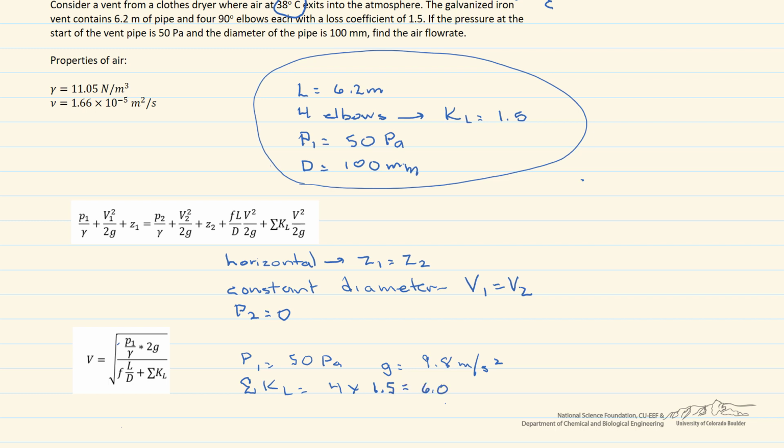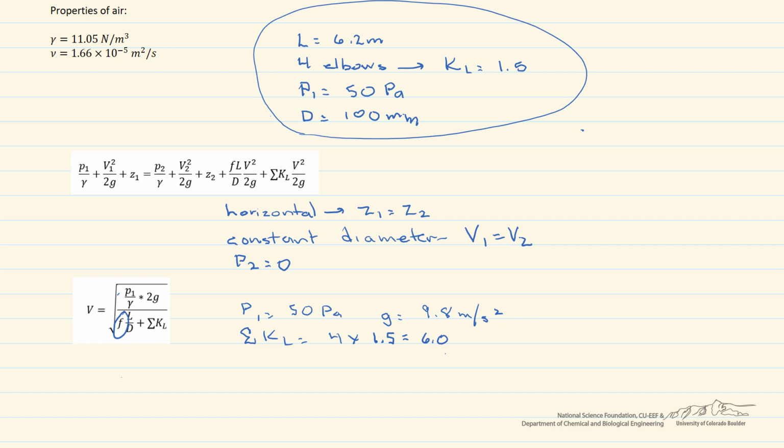However, we have this friction factor here that we need to solve for. So our friction factor is a function of the Reynolds number, where the Reynolds number is equal to the velocity times the diameter divided by kinematic viscosity. So note that the Reynolds number is a function of the velocity.